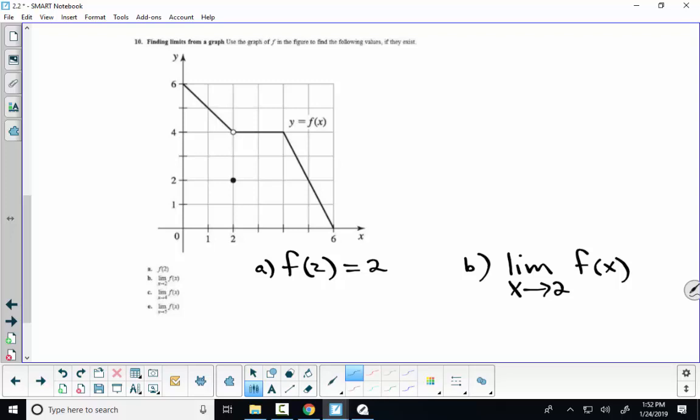So what was it? You'll think 4? As x approaches 2, the y values approach 4. Okay.